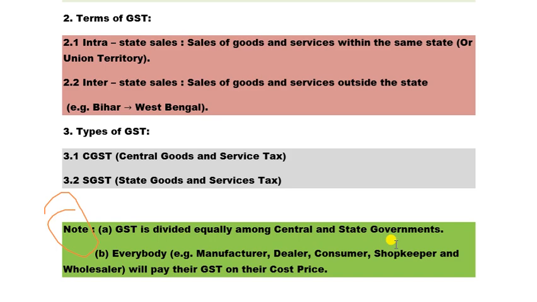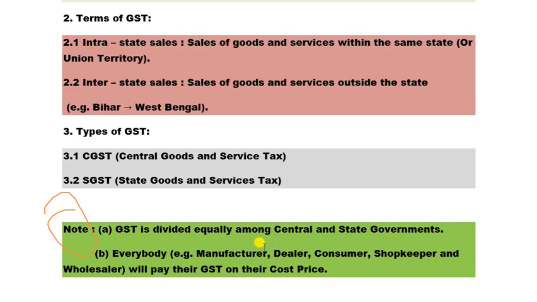So remember that. With one example we can explain here. Suppose the total amount of GST is 1000. That means 500 will go to the central government and 500 will go to the state government.